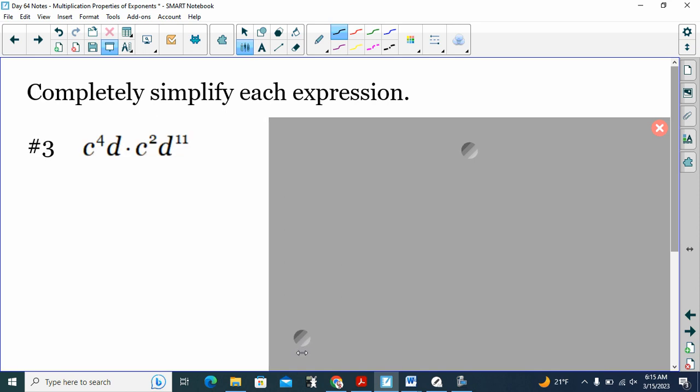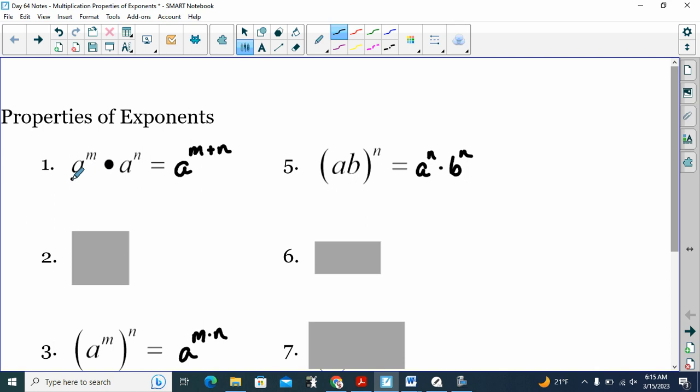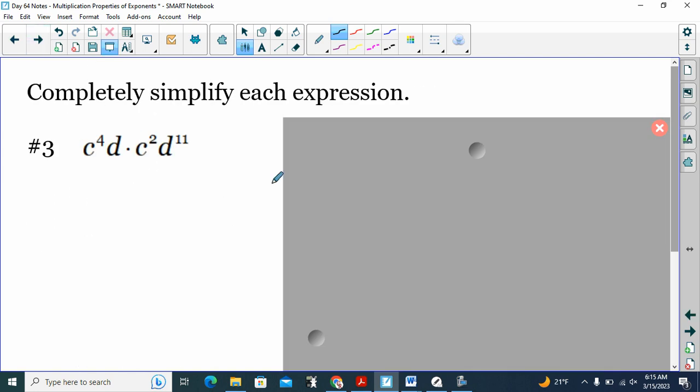Same directions. Number 3 says c to the 4th d times c to the 2nd d to the 11th. Remember, in order to add up the exponents, we said we have to have the same base. A and A need to be the same. So when I'm doing this one, I'm doing c to the 4th times c to the 2nd.